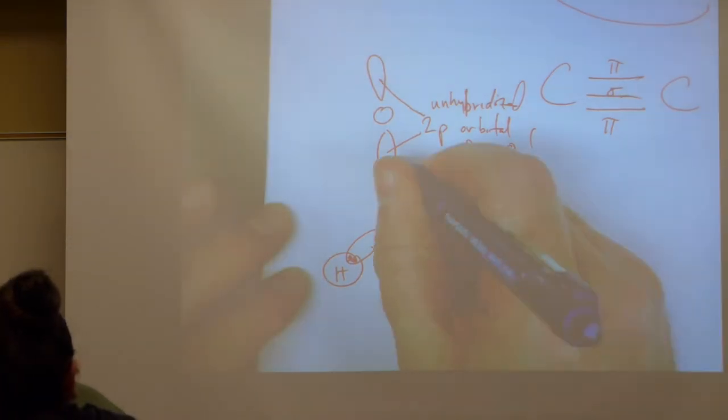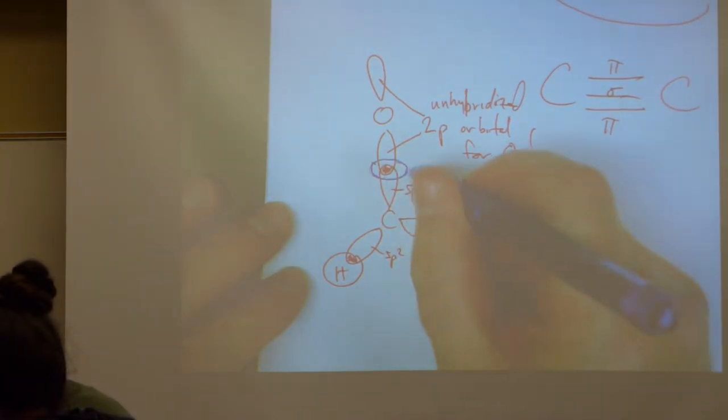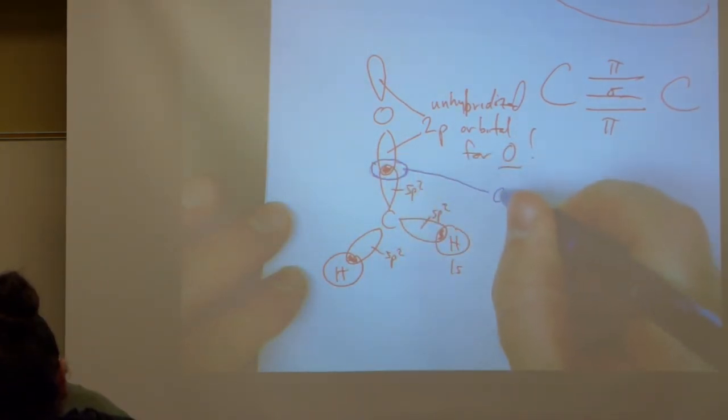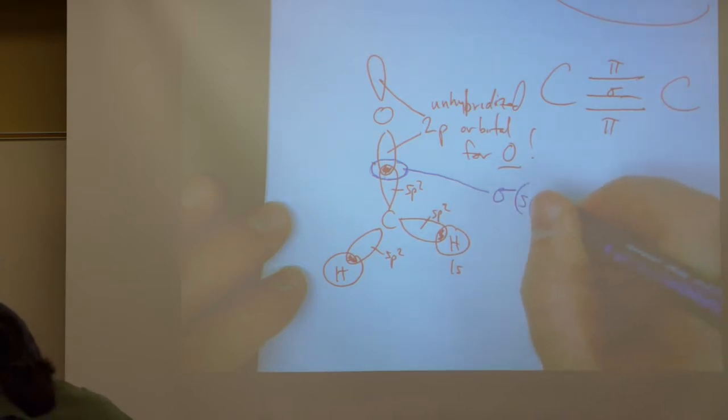So this bond right here, that bond, this is what we call a sigma, and we say it's made by overlapping an sp2 with a 2p.